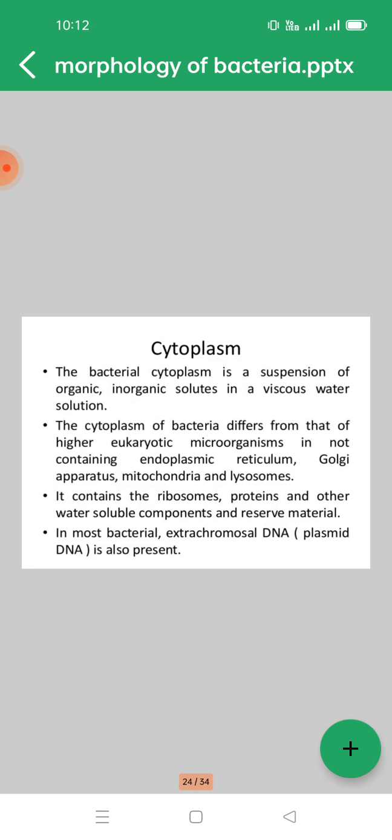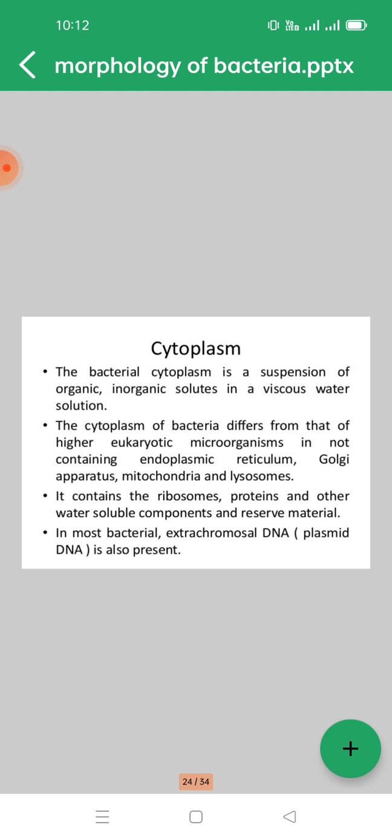Next is cytoplasm. We know that cytoplasm is a viscous water solution present inside the cell. In higher eukaryotic organisms, the cytoplasm possesses a lot of materials like endoplasmic reticulum, Golgi apparatus, mitochondria and lysosome.